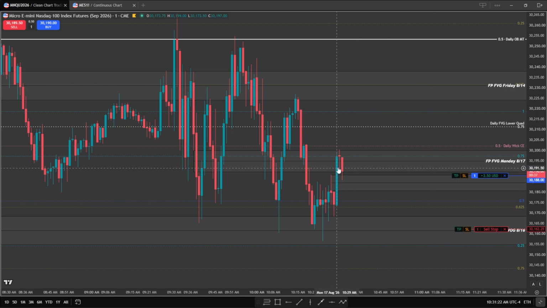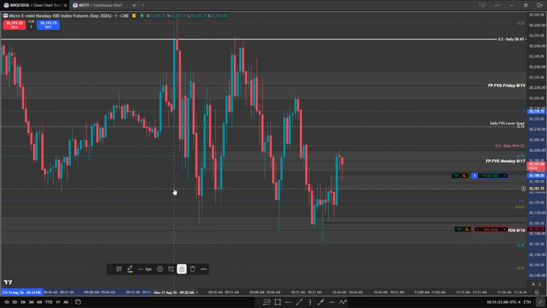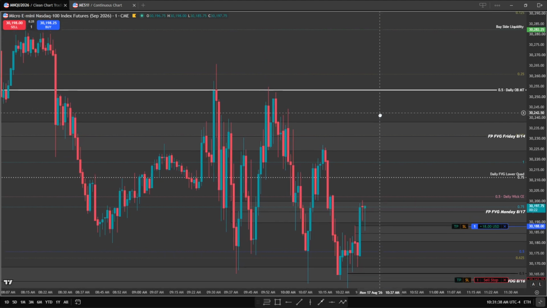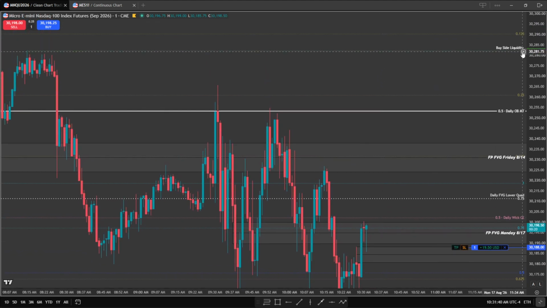Also a fair value gap right here. One of this wick. It's right there. Stops below that. I think it'll run pretty quick higher. This is my full target right here.